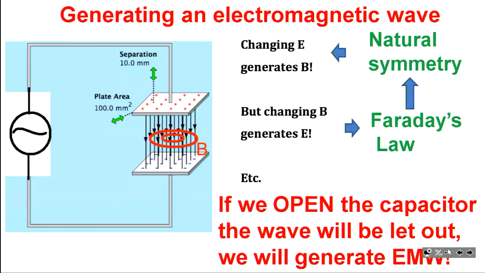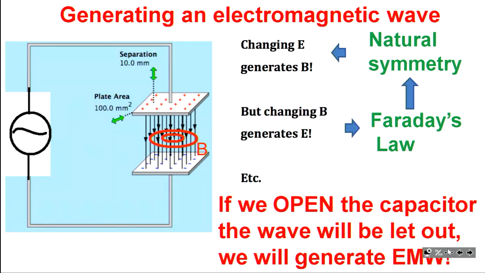We know from the Faraday's law, changing magnetic field generates electric field. But Maxwell saw the symmetry in the nature, and he proposed that changing electric field should also generate magnetic field. So changing electric field generates magnetic field, changing magnetic field generates electric field, and we can continue on and on and on.